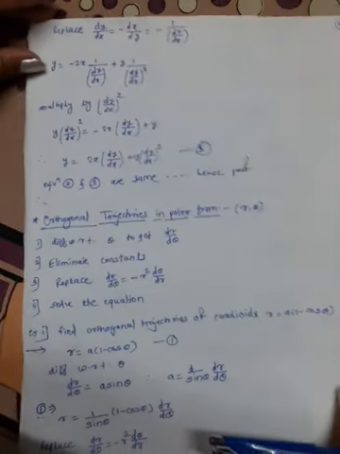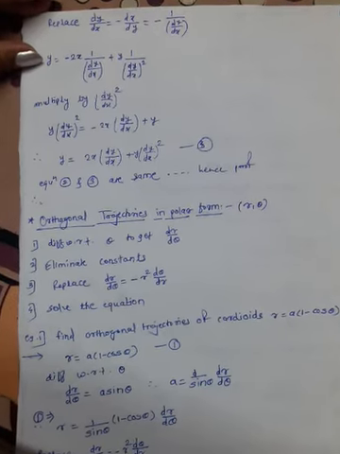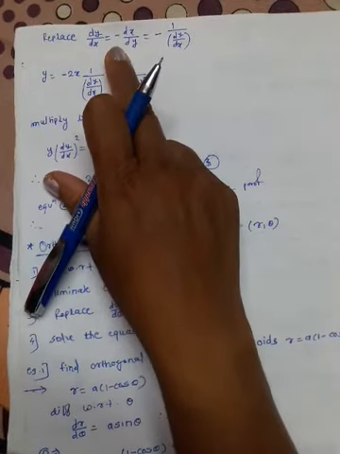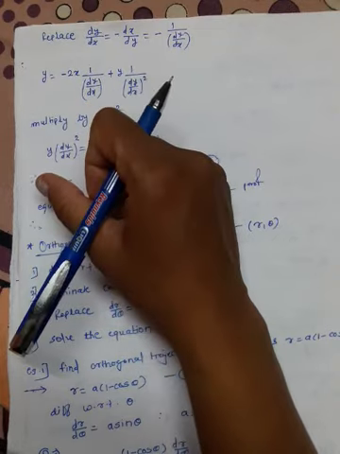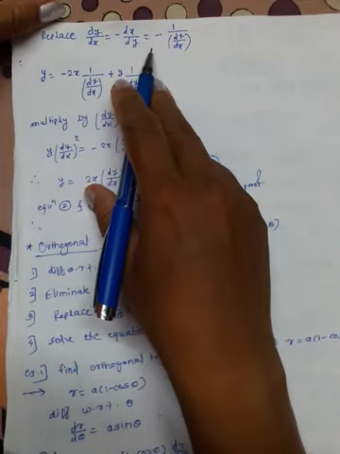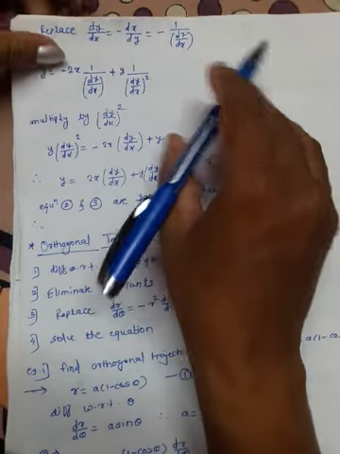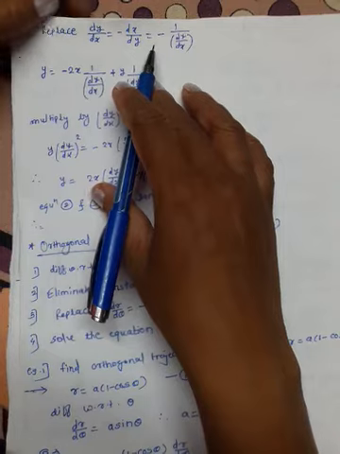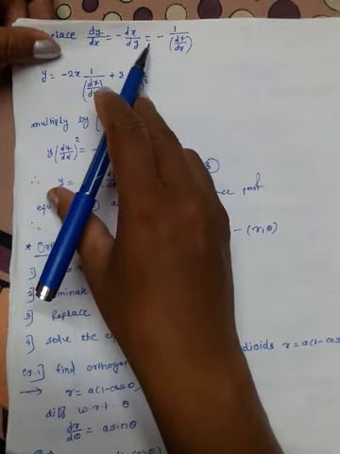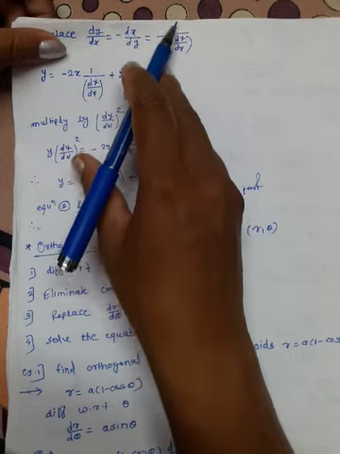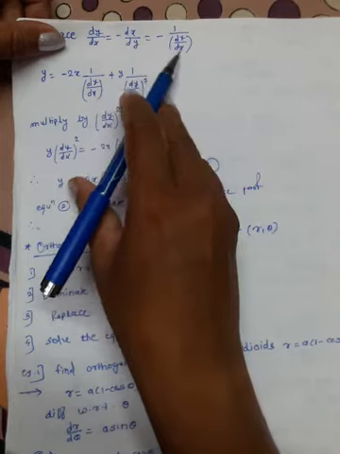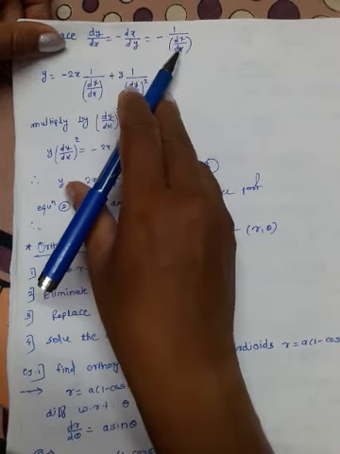Now next step is replacing dy by dx as minus dx by dy. For calculation purpose, dx by dy we write as 1 upon dy by dx, the reverse.